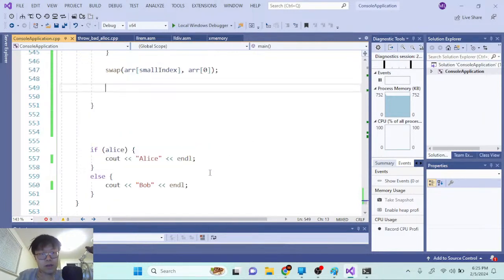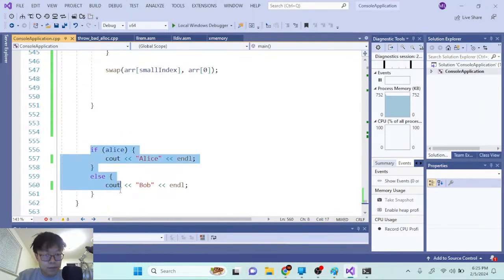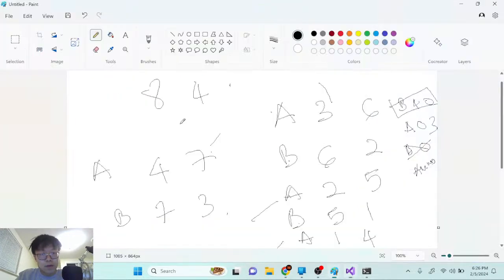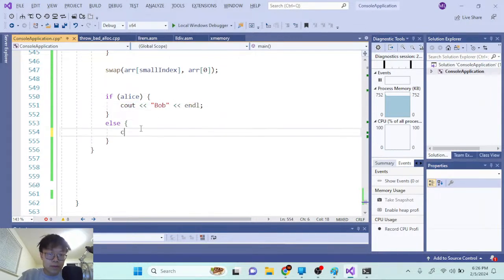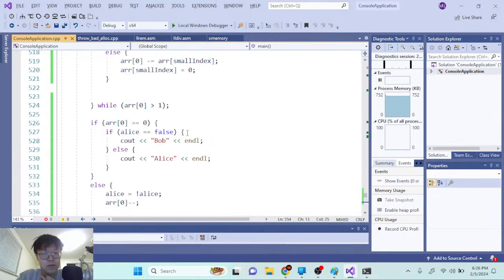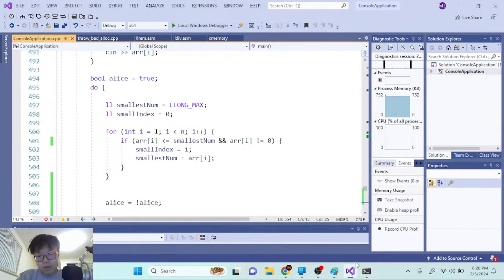And then at the end, if it's Bob's turn, it's 0, Alice wins. If it's Alice's turn, we hit Bob, and then Bob's turn, Alice wins. I think this should work, although I'm not 100% sure.